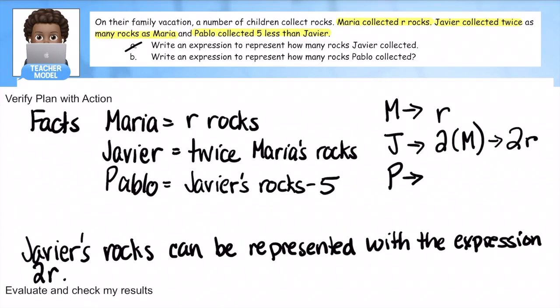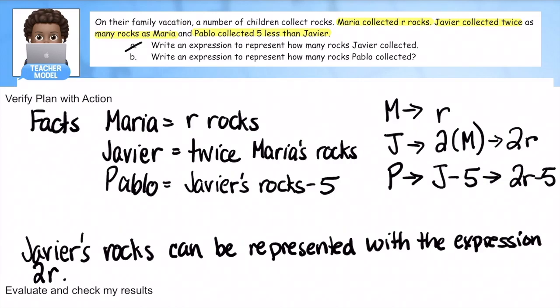So Pablo is Javier's minus 5. But we know that Javier's is 2R. So again, I'm going to take this 2R and I'm going to change it for J. So we're going to take out the J and we're going to put 2R. That's what we're doing here. That's what the substitution is. So we're going to put 2R minus 5.